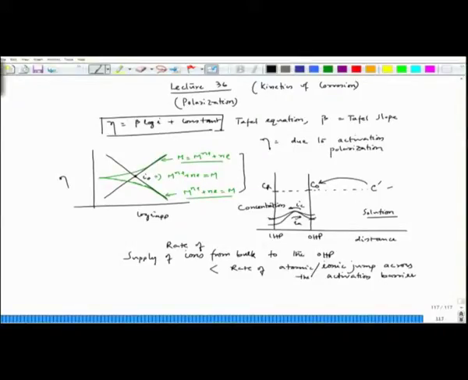So, there would be a lag from this section to this section.